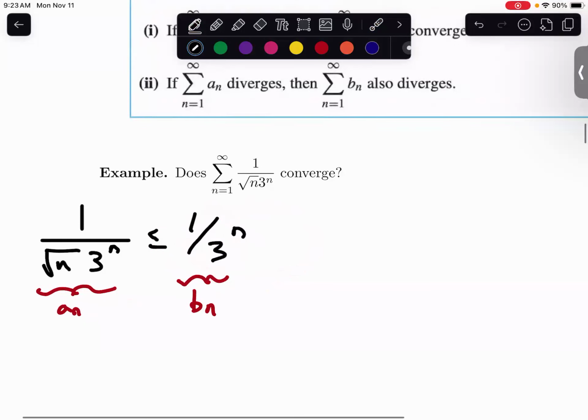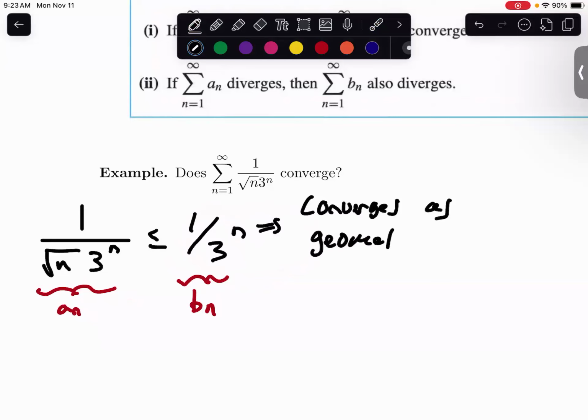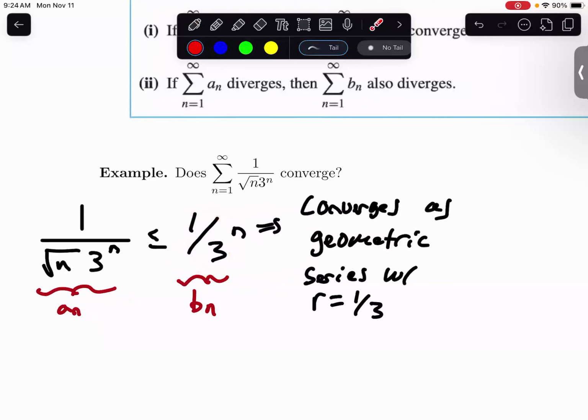You could just stop there and say this converges as a geometric series with r is equal to 1 over 3. And this is the same thing as, instead of doing 1 over 3 to the n like that, you can do it like this.